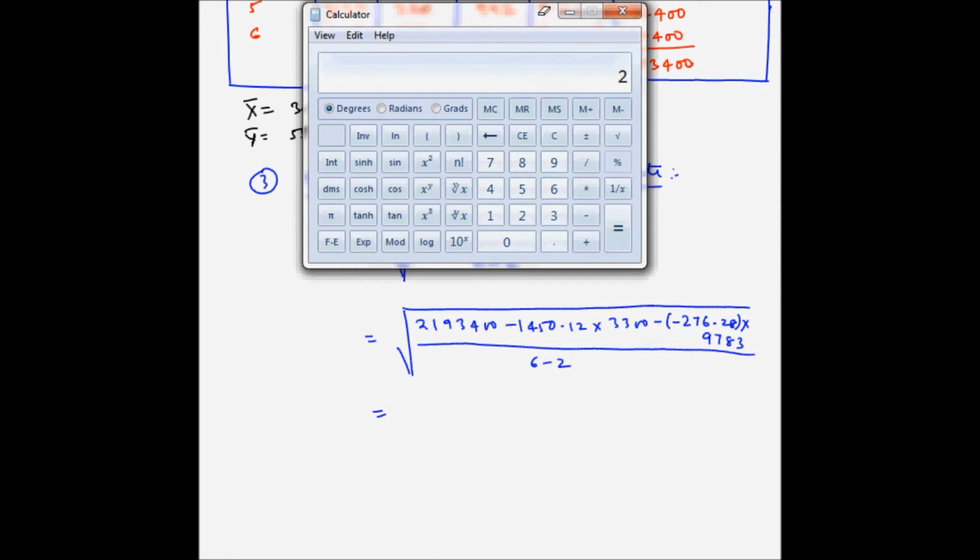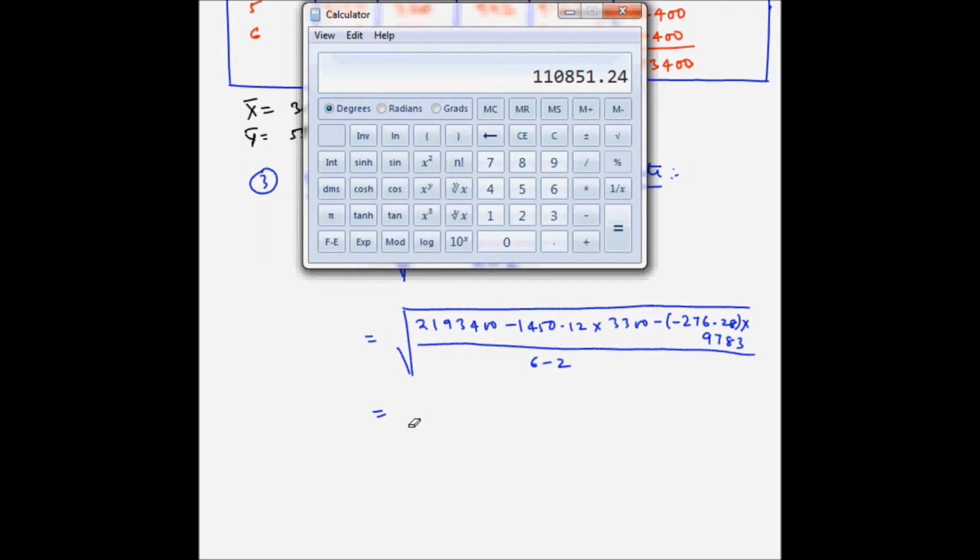So 2193400 minus 1450.12 multiplied by 3300 minus 276.28, and this is a negative value, multiplied by 9783.